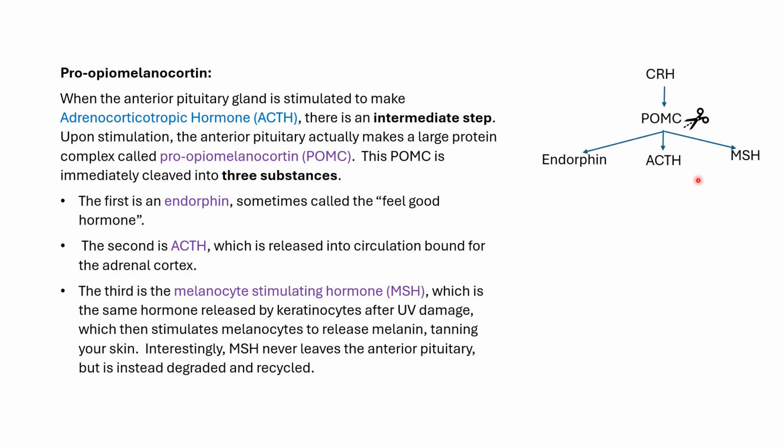The second is ACTH, which goes to the adrenal gland, to the adrenal cortex. The third one is MSH, or melanocyte stimulating hormone. This hormone stimulates the production of melanin. Melanin is responsible for tanning. Brown people and black people have more melanin compared to lighter skinned people. You can read this from your manual.